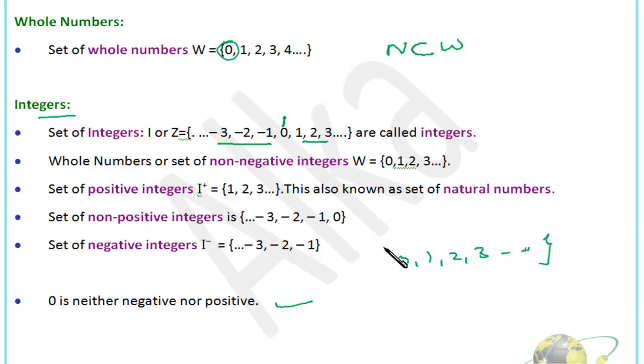This is the set of non-negative integers. So you should be very clear about all the types of integers: positive integers, only positive numbers, or we can say natural numbers; non-positive integers, that means negatives as well as 0; negative integers, meaning only negatives; and non-negative integers, meaning from 0 to infinity. Okay, 0 is a special number that is neither negative nor positive. Getting me?